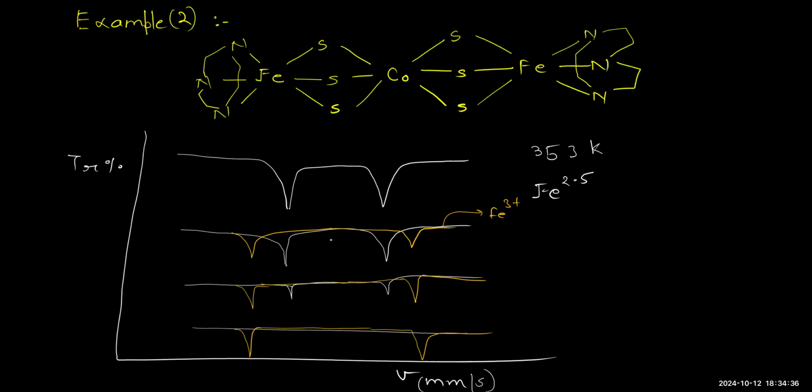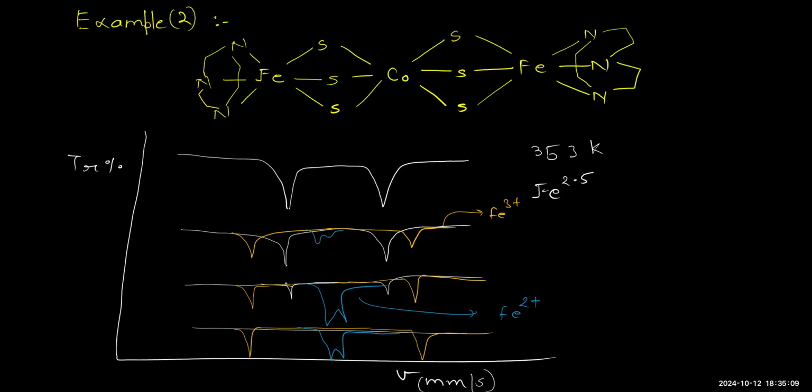Also, we saw one more doublet here. So this is your Fe 2 plus. Right? So Fe 2 plus is having more positive delta value, followed by 2.5 and then 3.